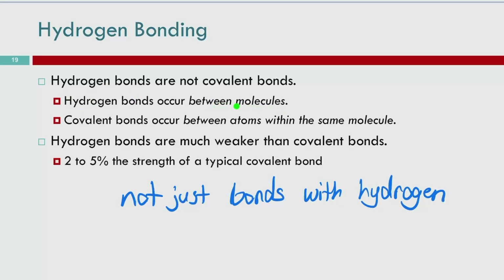It occurs between molecules. It's responsible for keeping our DNA together. Covalent bonds occur between atoms within the same molecule. They're not covalent bonds. They're also much weaker. They're only 2 to 5% the strength of a covalent bond. But they're way stronger than regular dipole-dipole forces and super, super stronger than our dispersion forces.